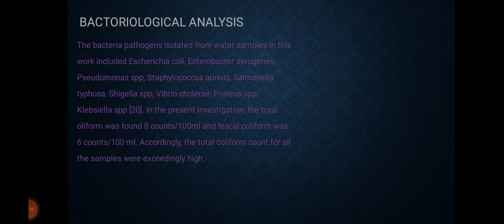In the present investigation, the total coliform was found to be 8 counts per 100 ml and fecal coliform was 6 counts per 100 ml. The total coliform count for all the samples was exceedingly high.